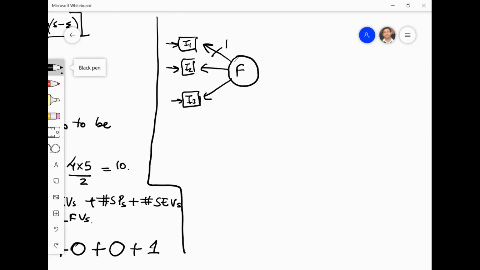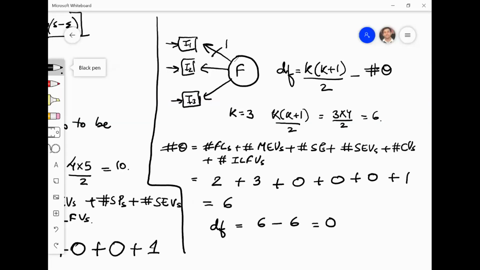Do it in your notebooks before we discuss. Okay. Right. So this is what is going to be our degree of freedom.